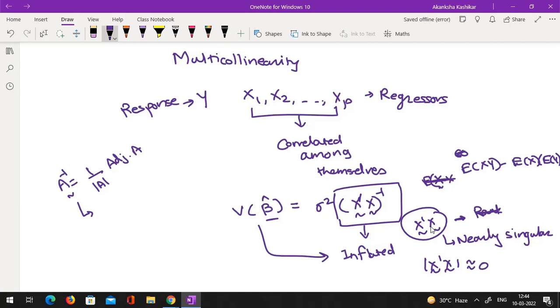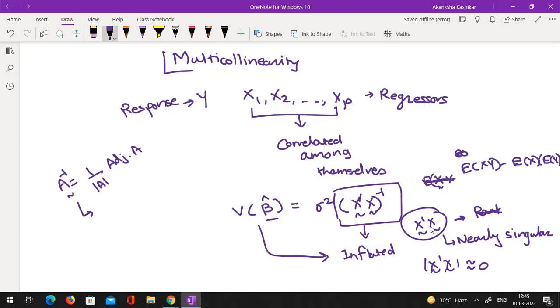So this entire issue is known as multicollinearity. In multiple linear regression, if the regressors are highly correlated among themselves, that leads to inflation of variance of the estimated coefficients, the estimated betas.